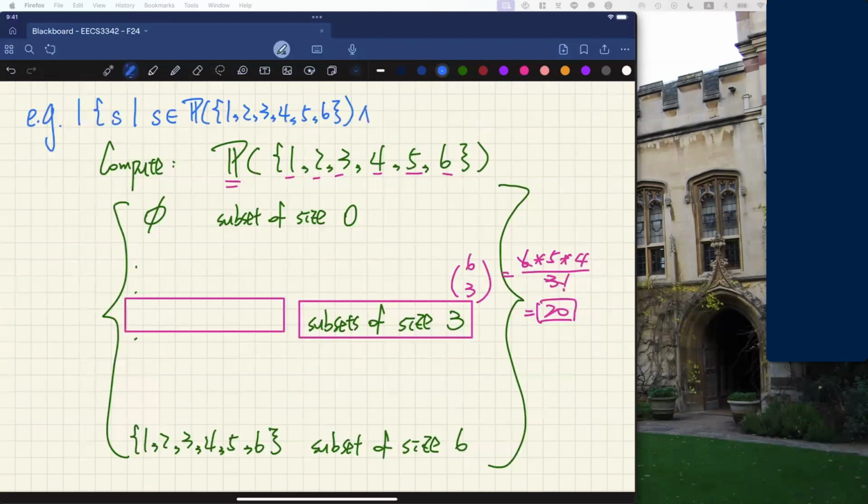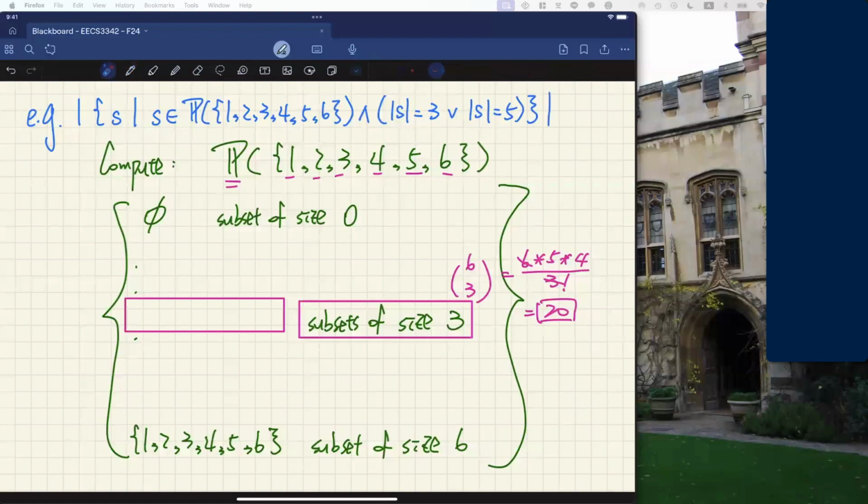I'm going to say here, the cardinality of S equals 3 or the cardinality of S is equal to, let's say, 5. Let me just make sure I bracket that correctly. Okay, that's good.